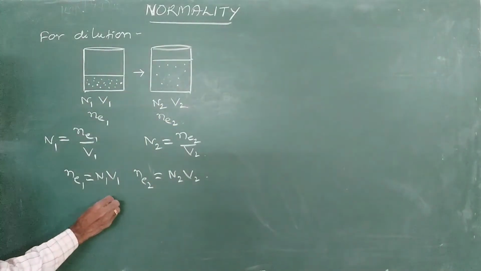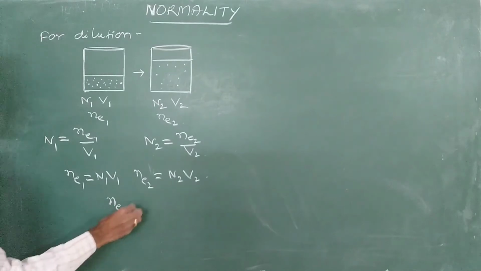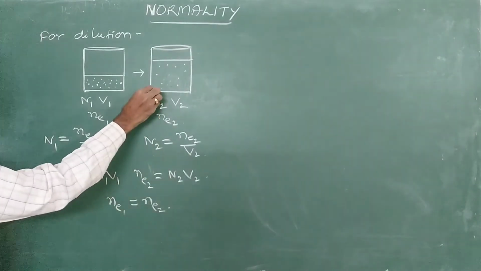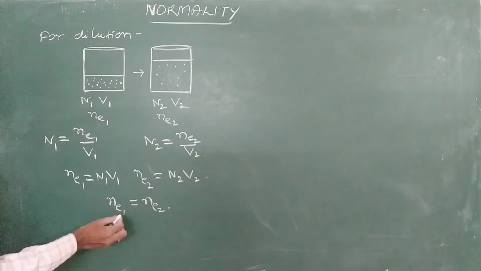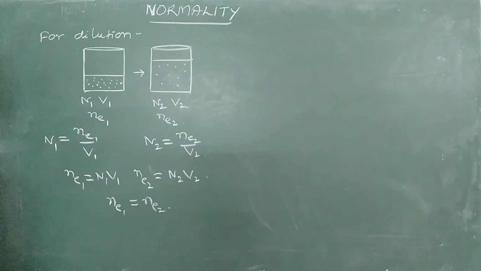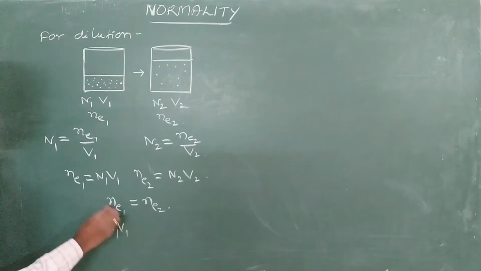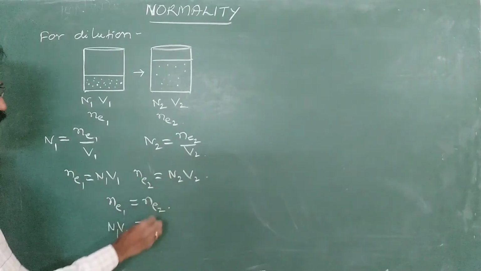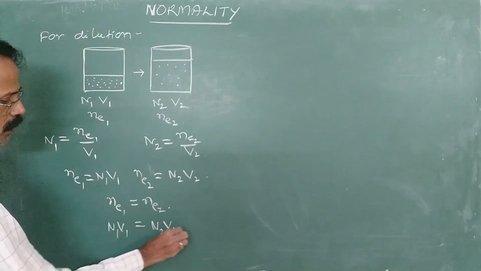So number of equivalents is equal to number of equivalents here. Number of equivalents before and after dilution remains same. Ne1 is equal to Ne2. Now can we write N1V1 here? For Ne1 we can write N1V1, and for Ne2 you can write N2V2.